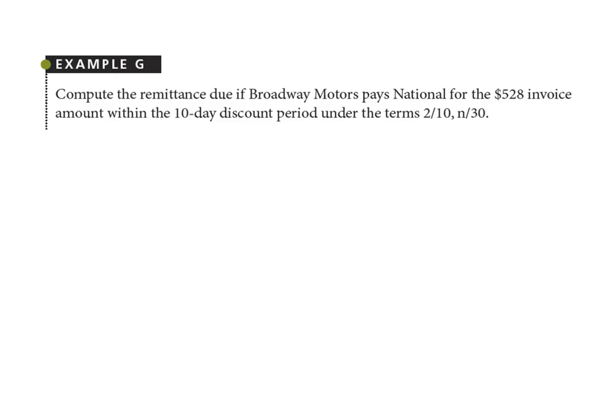And so now let's put this into practice. Okay, here let's say that Broadway Motors pay the $528 invoice within the 10-day discount period under the terms 2/10, net 30. And let's start calculating this. So the first thing I want to do is to calculate my cash discount amount.